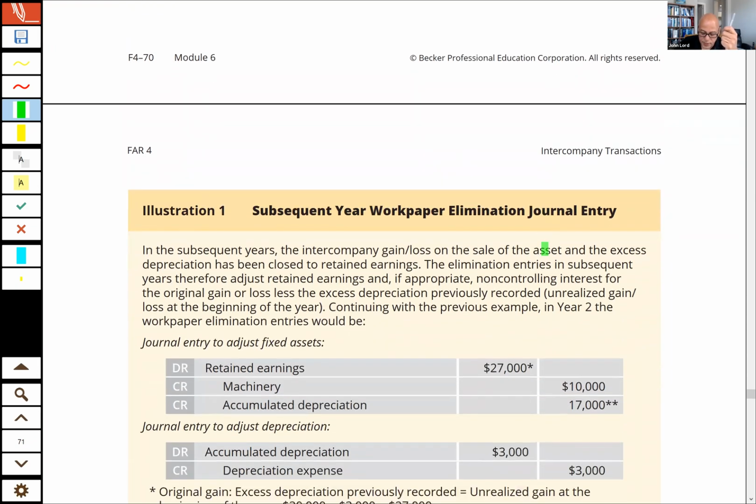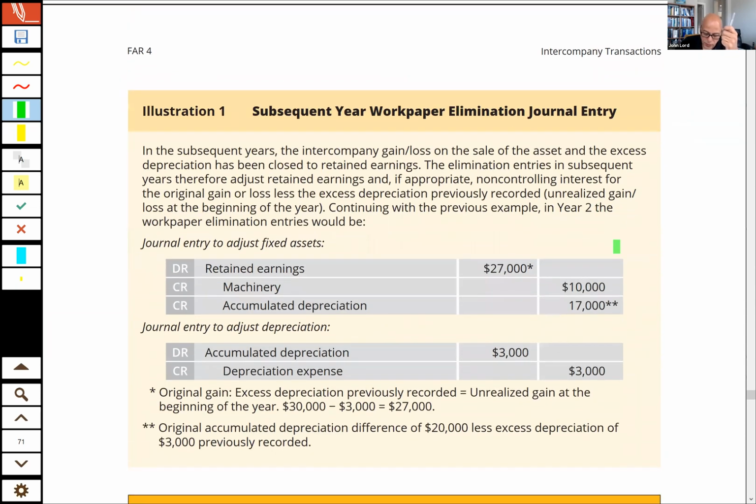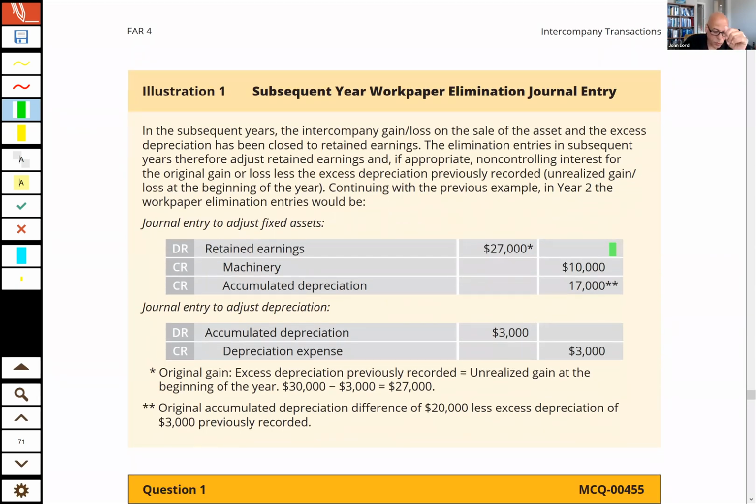Now, what happens in later years? Okay, we're one year later. Now we have taken the additional depreciation on the books of the purchaser.